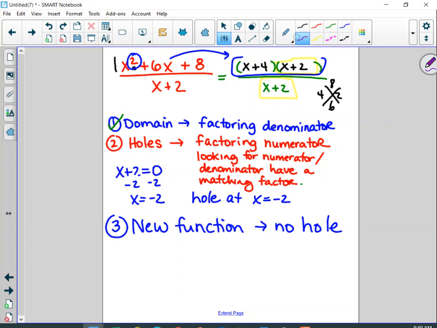Look up here, I have the factor x plus 2 and the factor x plus 2. Bam, bam. My new function is f of x equals x plus 4, and when I took the x plus 2 away, it's a 1.